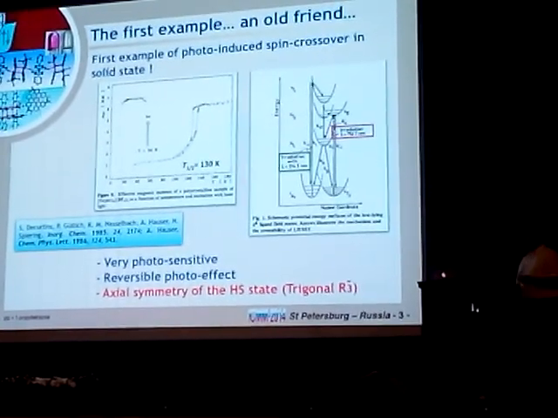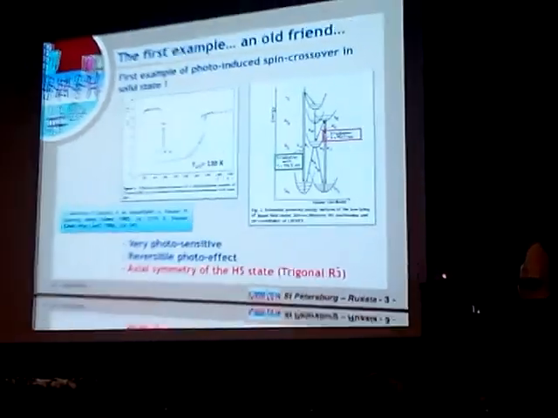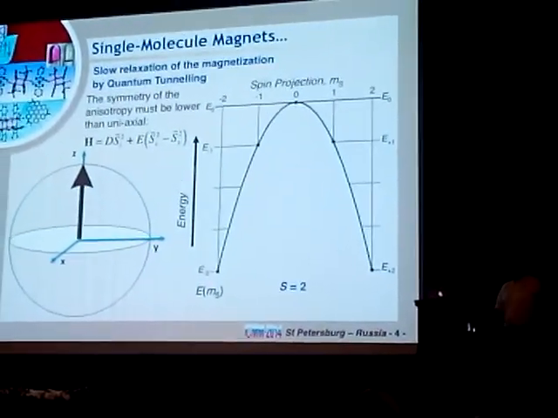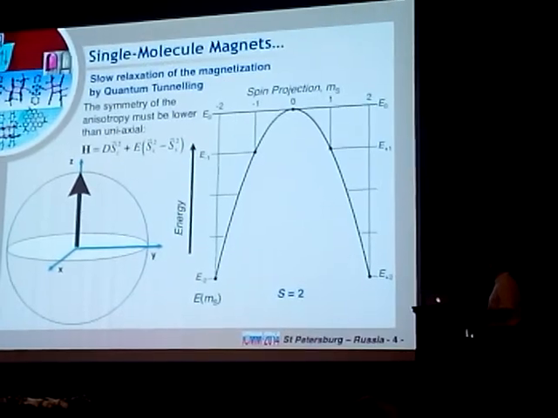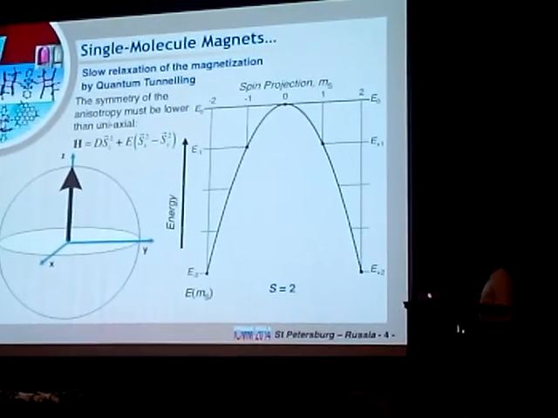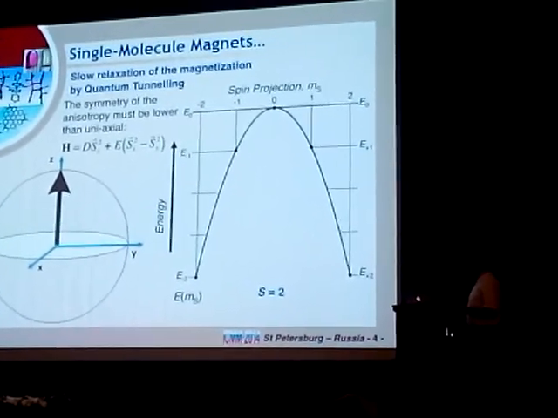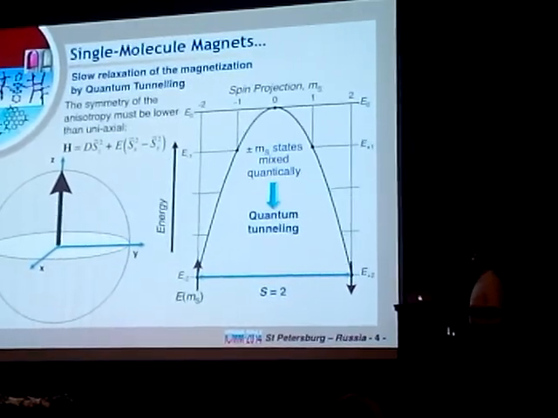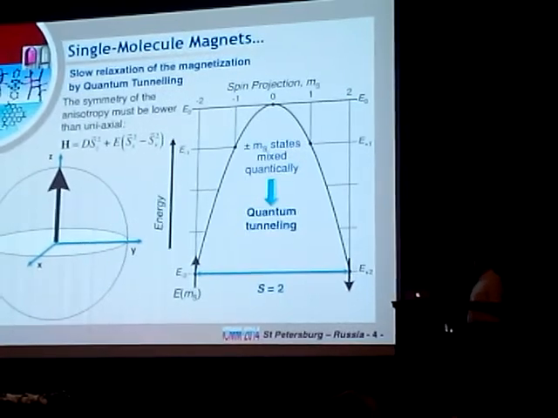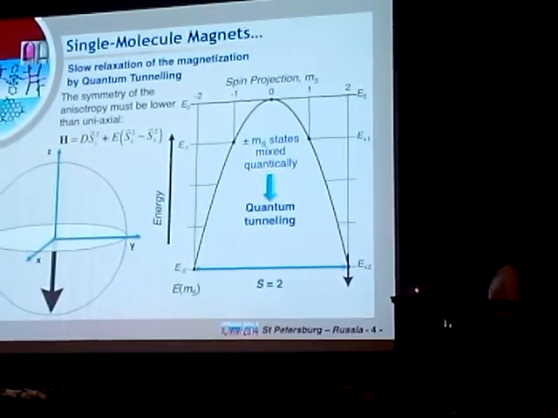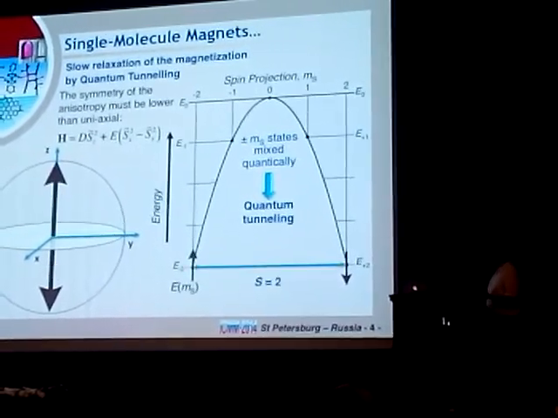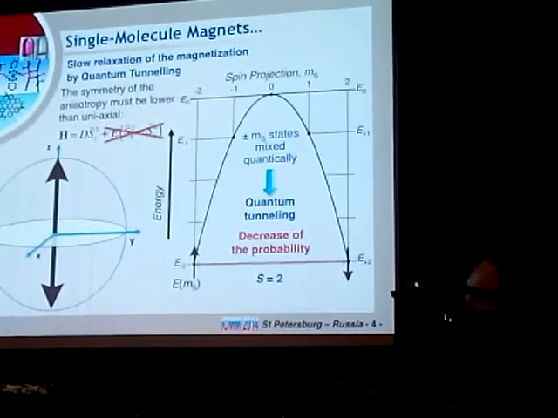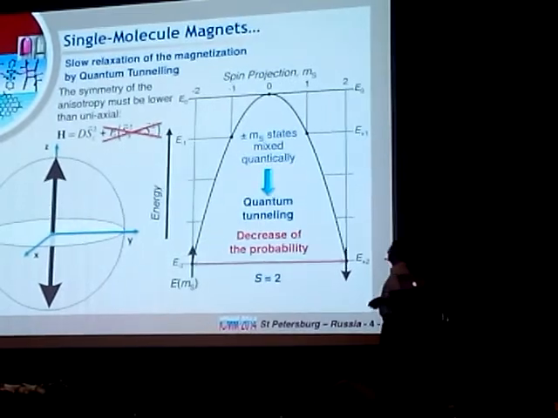When you work with single molecule magnets, you know that high symmetry systems are good because you can reduce the symmetry of your Hamiltonian and remove the term at the origin of quantum tunneling and the mixing of the ground state. So you can reduce the probability of tunneling by simply having a high symmetry space group.